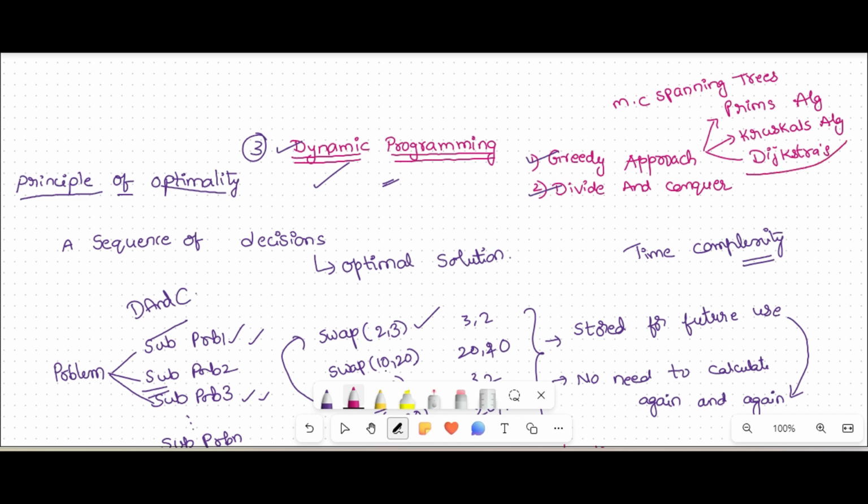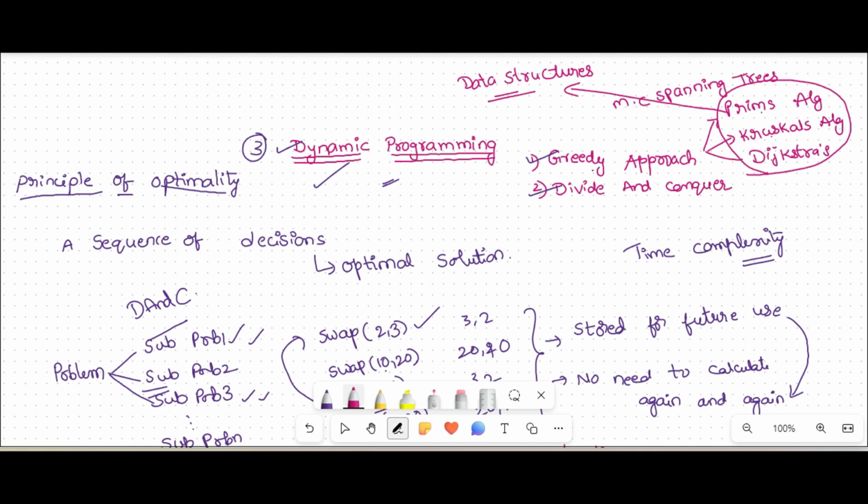These three concepts I already explained in the data structures subject. So please see these three concepts under the greedy approach in the data structures subject. I already added these three videos in the greedy approach playlist.